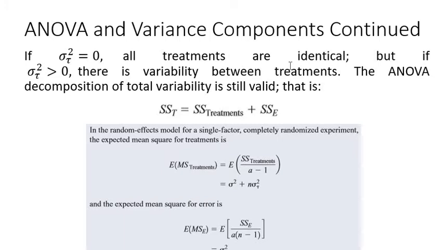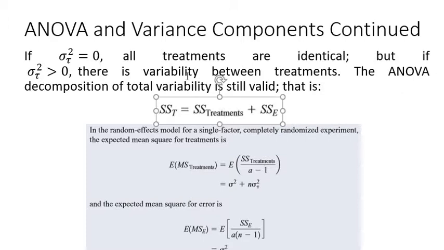But if the sigma squared sub tau is greater than 0, meaning there is variability between treatments, so if we reject H0 and this belongs to the alternative hypothesis, there is variability or differences between treatments.